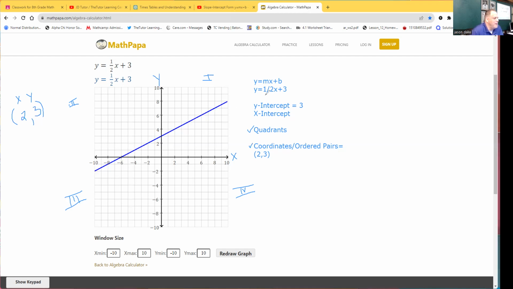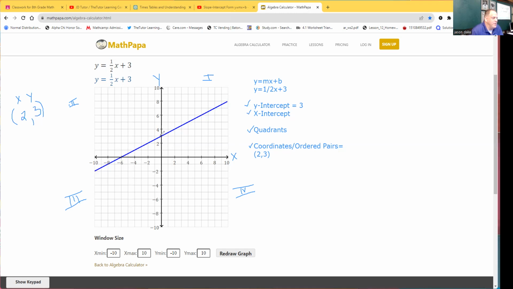Now let's look at y-intercept. First off, what is a y or even an x-intercept? It's anything that falls directly on the axis. Instead of calling it the y-axis, because there's a time and a place to call it a y-axis, but in this case, we're going to call it a y-intercept.